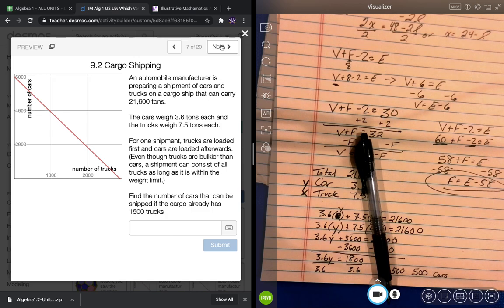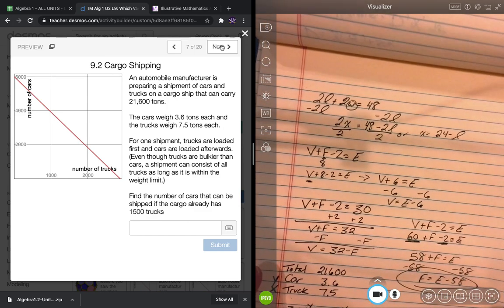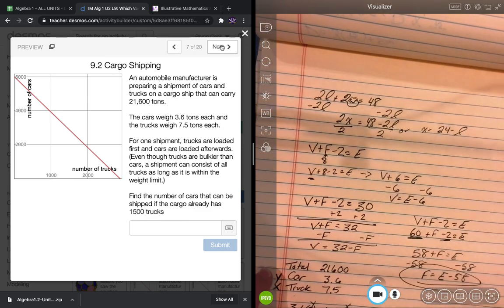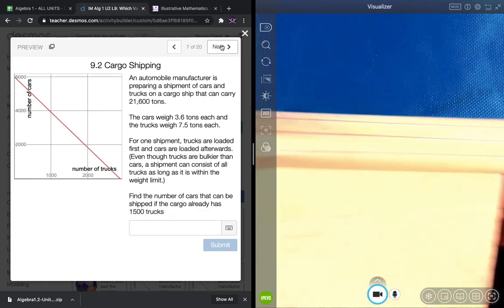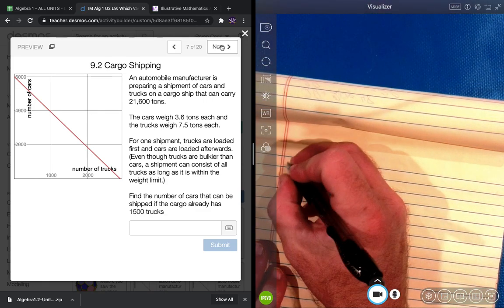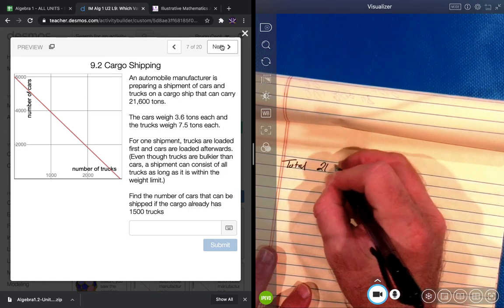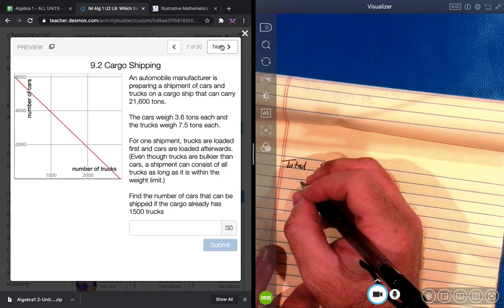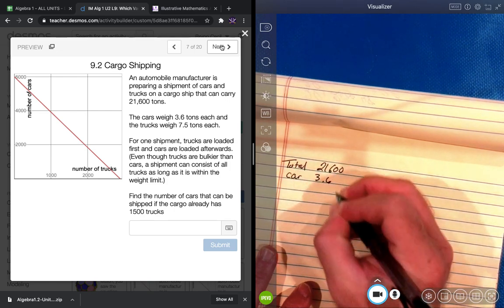Okay. An automobile manufacturer is preparing a shipment of cars and trucks. Again, we're using this. Let's write this again. The total was 21,600. Okay, we have our cars as 3.6.